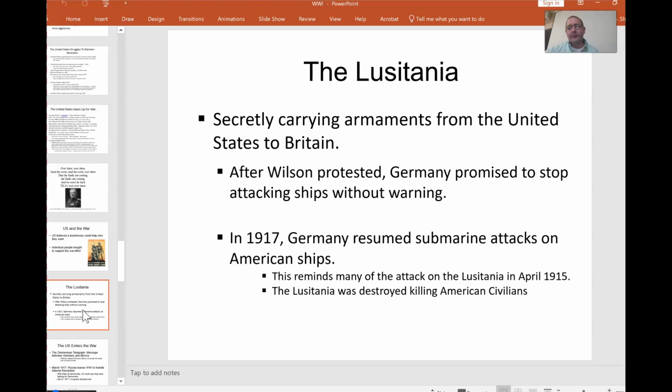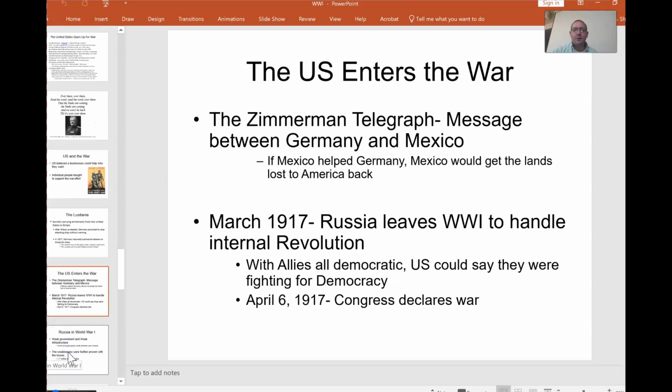And then there are other events. In January of 1917, you have the Zimmerman telegraph, which is intercepted by the British. So it's a telegram that is sent from the German foreign officer Arthur Zimmerman to the president of Mexico.